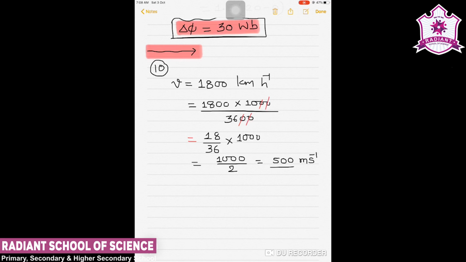Then it is given: what is the voltage difference developed between the ends of the wings 25 meter long. So here we are given the length, that is 25 meter.